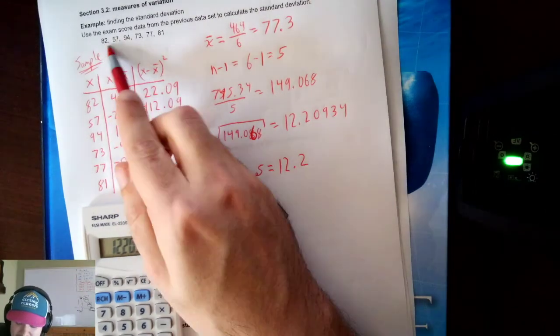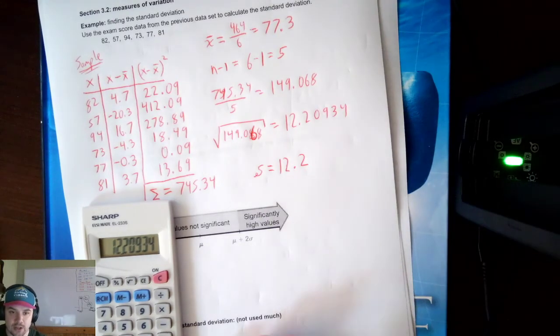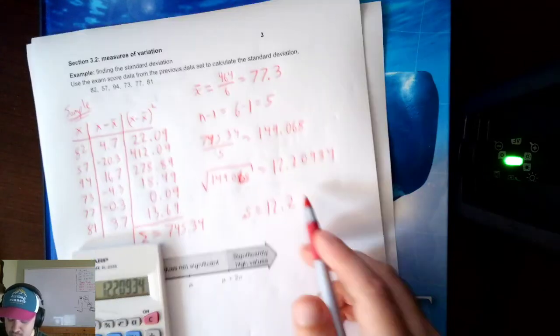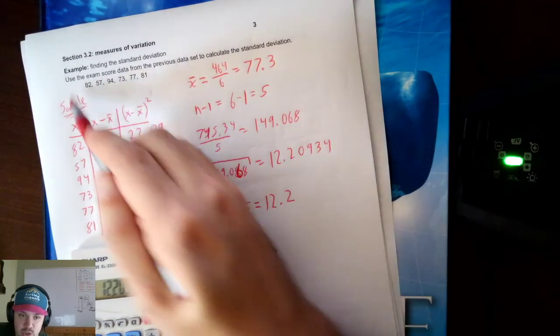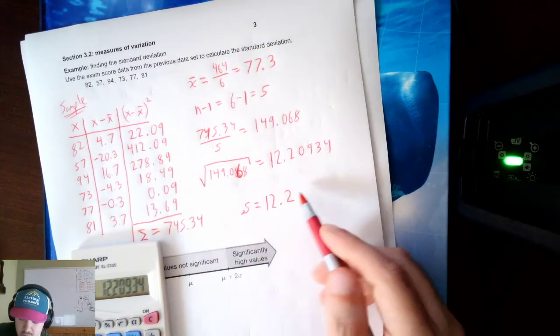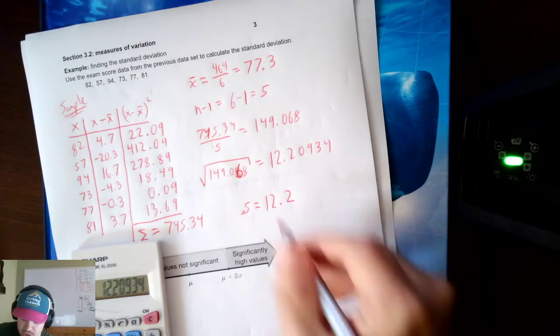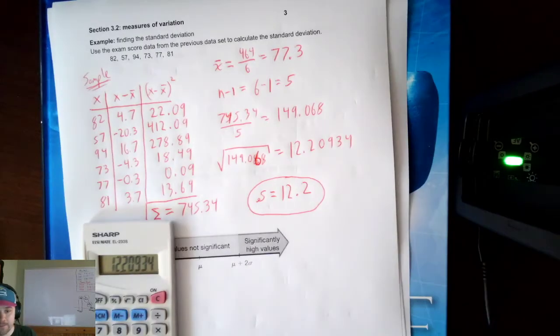My original data had no decimals, so I'll go 1 more decimal place for my answer. Now, there were no units on the original data, so there's no units on my answer. But remember, the units would match. If these were measured in pounds, this would be measured in pounds. If these were measured in inches, this would be measured in inches, right? But since there's no units, I know I am done. My standard deviation is 12.2.